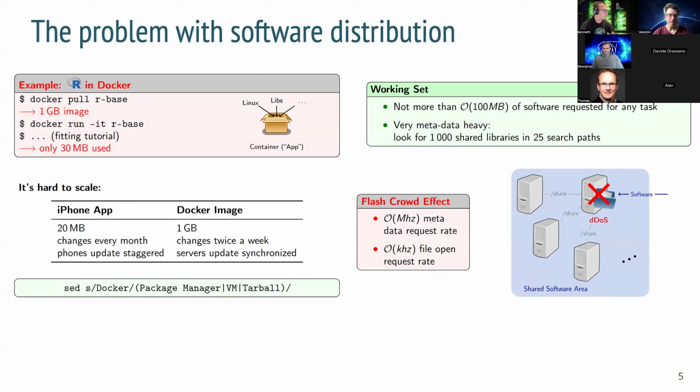I want to get started by talking a bit about the motivation, what we're trying to do with CVMFS, because it's a bit of an unusual idea if you've never heard of it. It's basically motivated by the particular situation we're in with scientific computing.